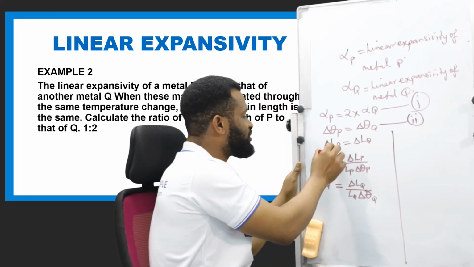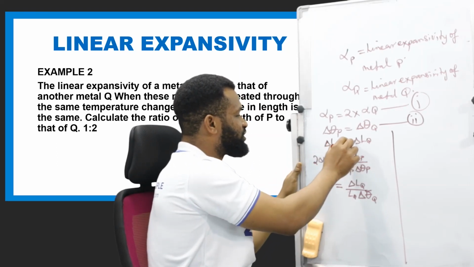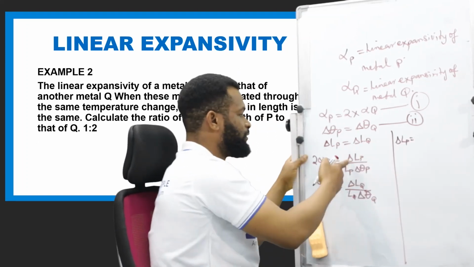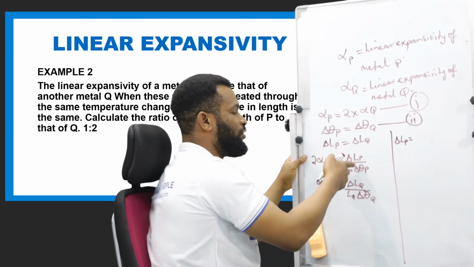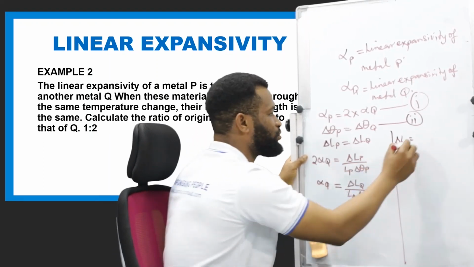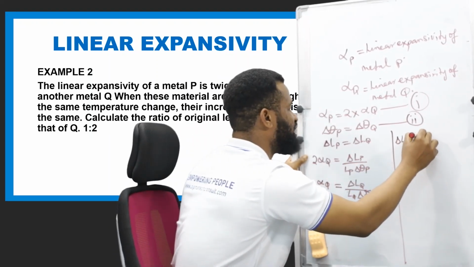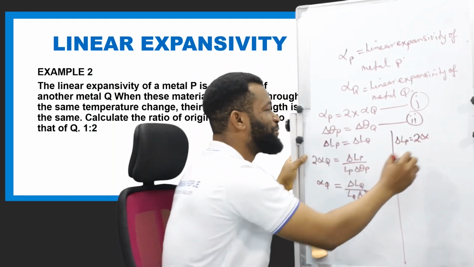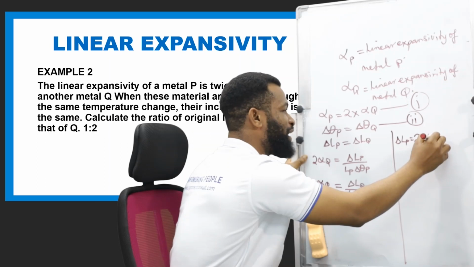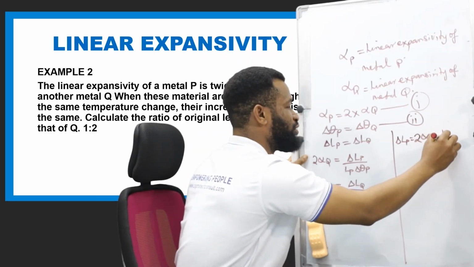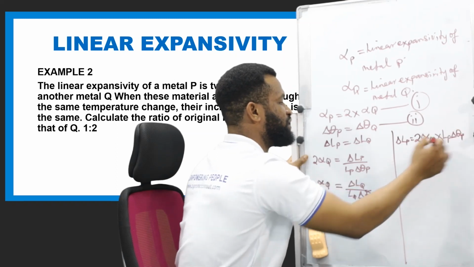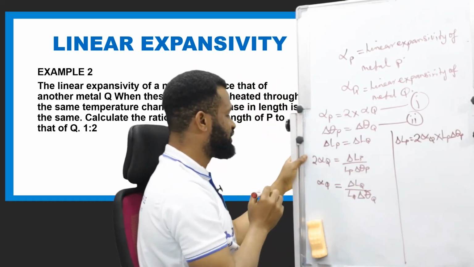They say that change in length of P is the same thing as change in length of Q. So what I'm going to have now is change in length of P is equal to 2 times linear expansivity of Q multiplied by length of P and change in temperature of P. This is what this one is.